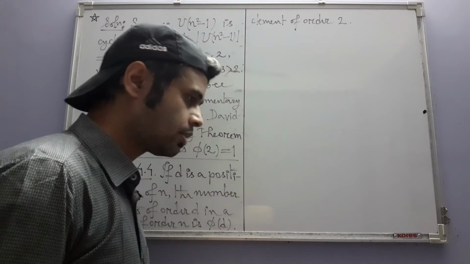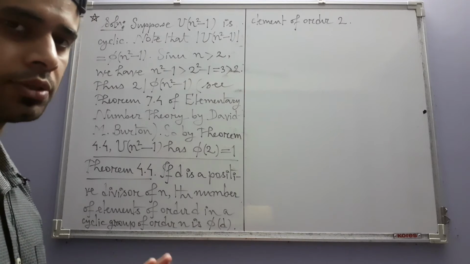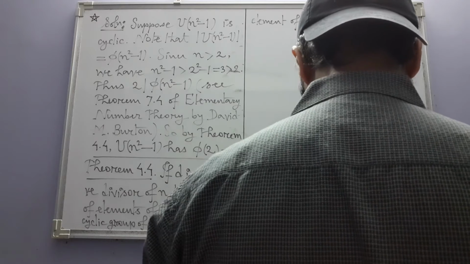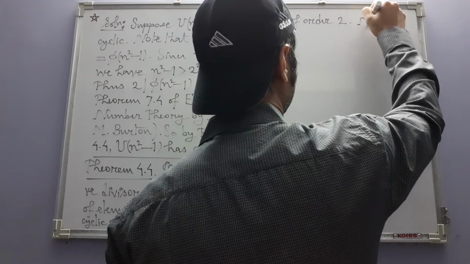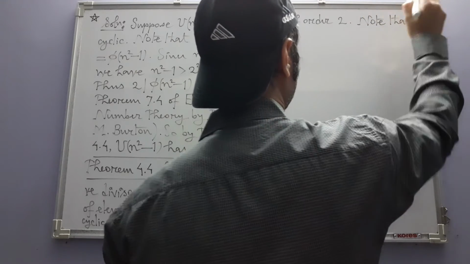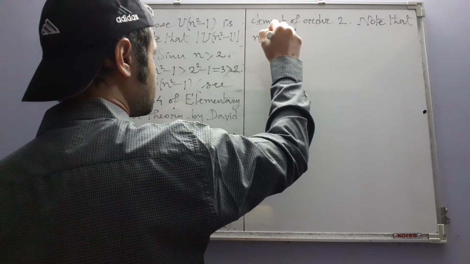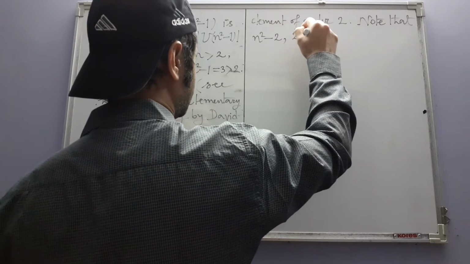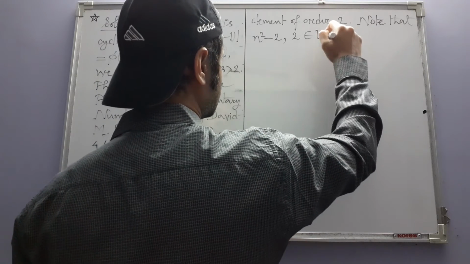We will now show that we can in fact find two different elements of order 2, so that would give us a contradiction. And one of those two elements is this. Note that n square minus 2 as well as 2 belong to this.